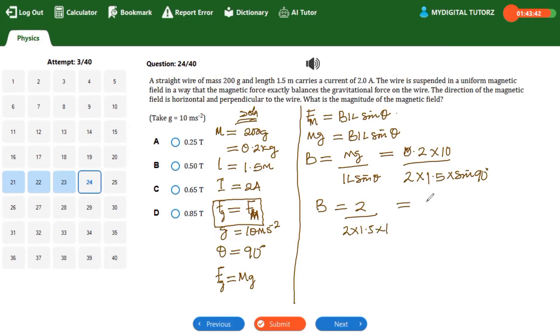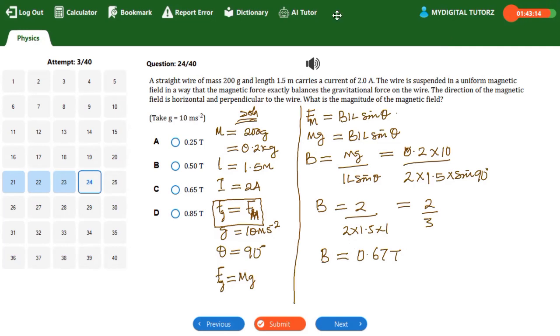So I'm going to have 2 divided by 2 times 1.5. That should give us 3. Therefore, B will be equal to, if we divide 2 by 3, 0.67 Tesla.